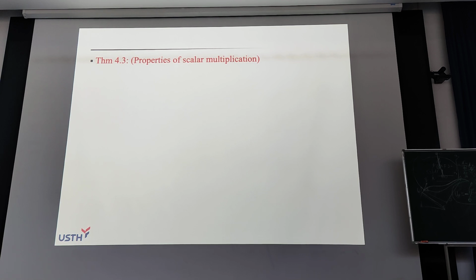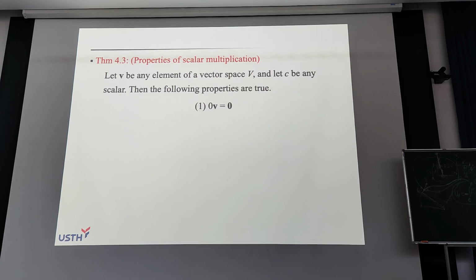So now we are going to see some properties of scalar multiplication. We know already the two operations on the vector space need to satisfy 10 properties. But now we consider some more properties on scalar multiplication. Suppose that v is any element of a vector space V, and c is any number. Then, if we take the zero number multiplied by the vector v, we always get the zero vector.